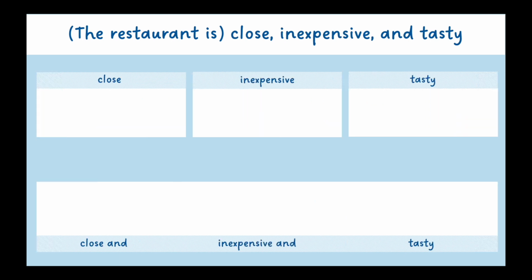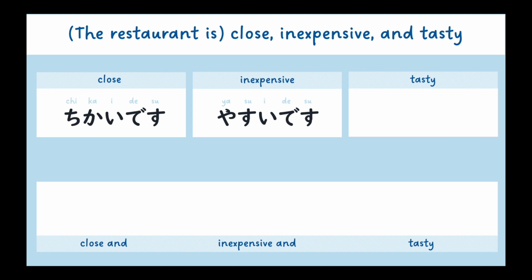What if you want to describe a restaurant with three adjectives? Close, like near your house, inexpensive, and tasty. Close is 近いです. Inexpensive is 安いです. And tasty is おいしいです.